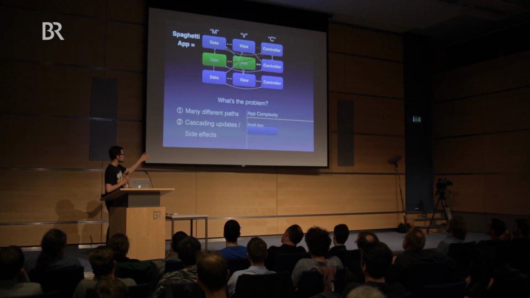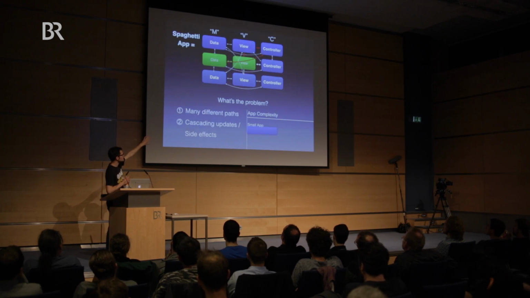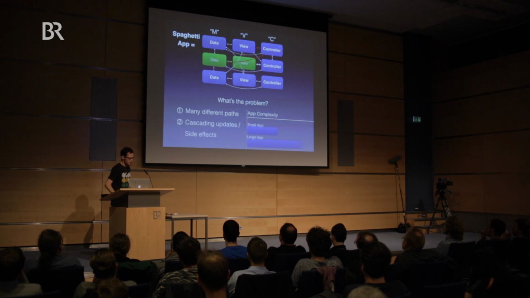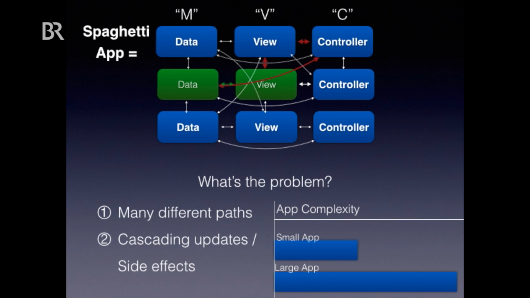So if you want to think about the app complexity, what we saw before, if you only have one slide, the app complexity is still okay. But if we then go to larger apps, the complexity really grows immensely. And also the problem is there's sort of a barrier where a developer would say, okay, this is now too complex, I cannot understand, I cannot reason about it.